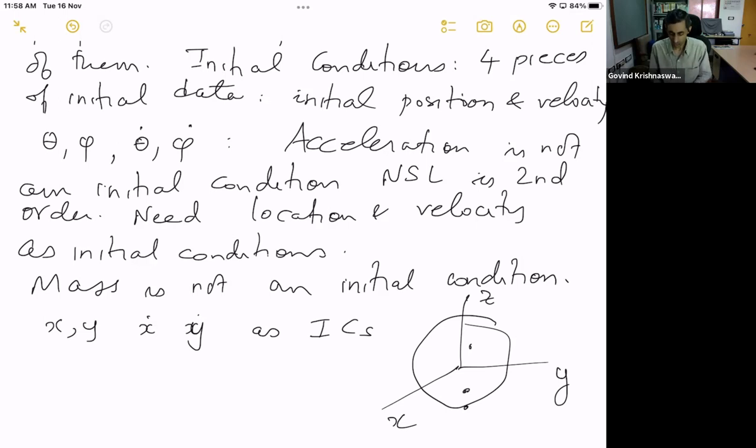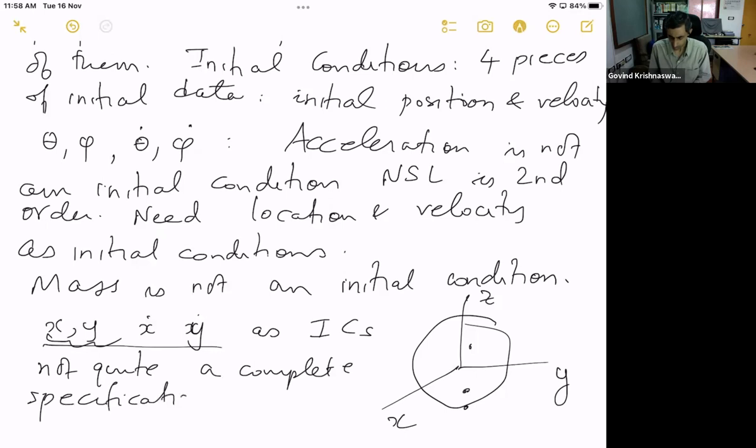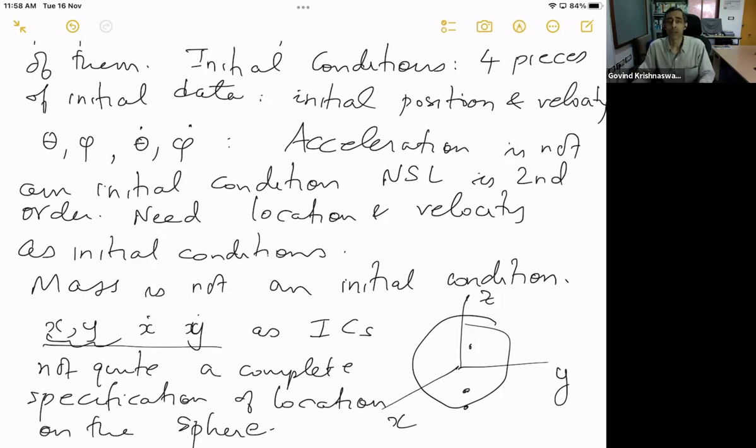So it is not a complete specification. So x and y do not provide a complete specification of location on the sphere. So any question about this problem?